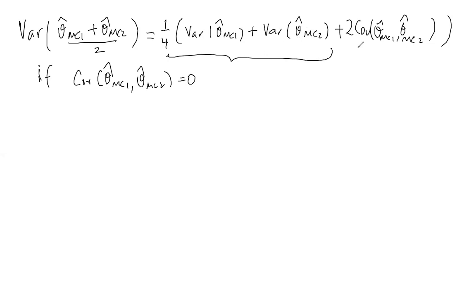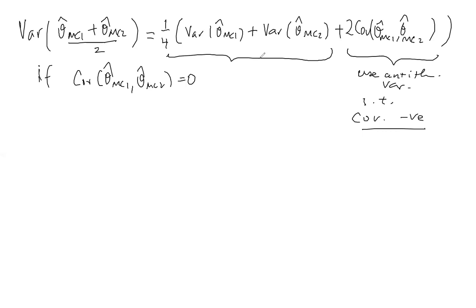So the trick for variance reduction is to use antithetic variables such that your covariance is negative, right? If your covariance is negative, then this will be less than the variance when you use independent variables, okay? Right, so the trick is, the more negative the covariance, the more reduction in the variance you get.